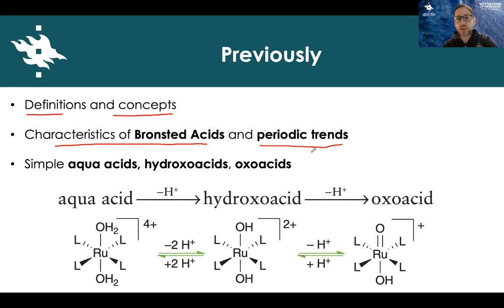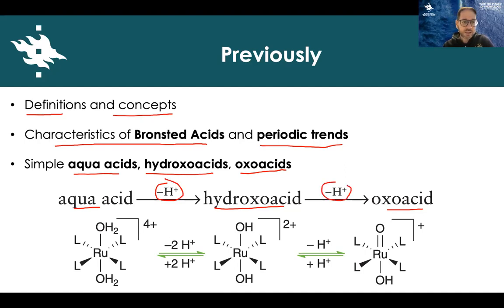And then in the last part, we talked about aqua acids, hydroxyl acids, and oxo acids, which are important in inorganic chemistry. In this context, we saw that aqua acid, hydroxyl acid, and oxo acid can be regarded as acids that are produced after successive deprotonation steps.